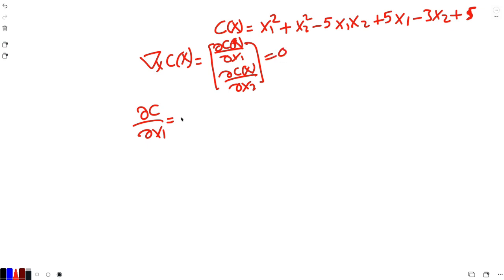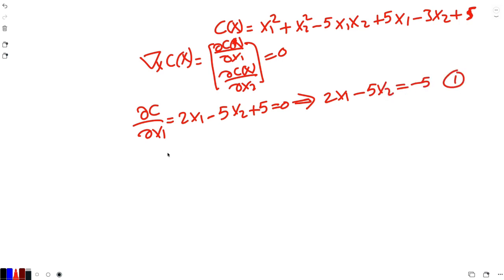This means that 2x1 minus 5x2 equal to minus 5. This is equation number 1.